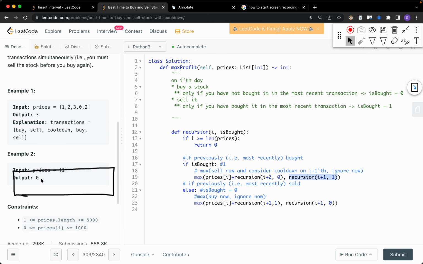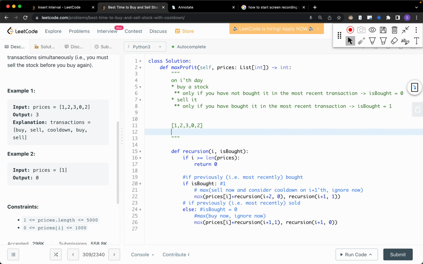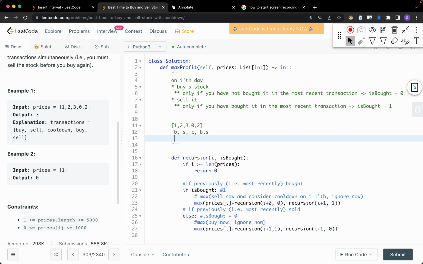If we take this example, the maximum profit that we can attain is by buying on the 0th day and selling on the first day, then having a cooldown, and then buying again and selling again. So these are the sequence of transactions that we have to do on this particular input.